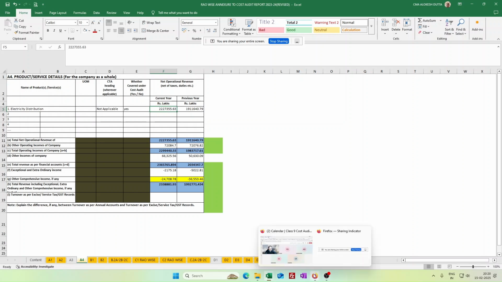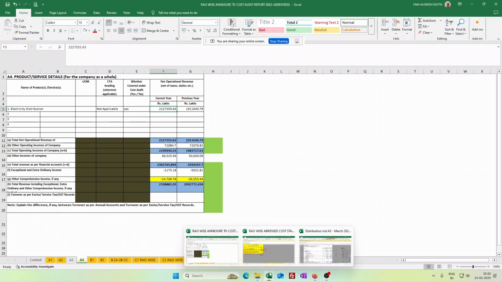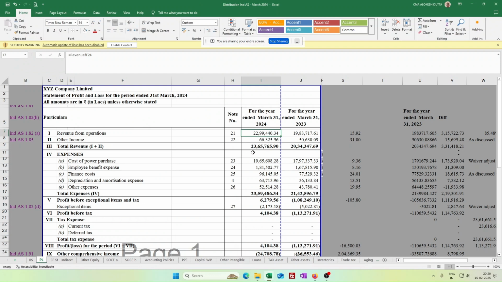Now, the question may come from where it has come. This includes other operating income. We have to go to Schedule 21. You can see this income is 22,99,440.34.